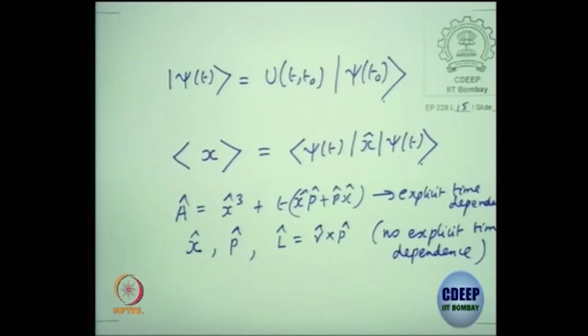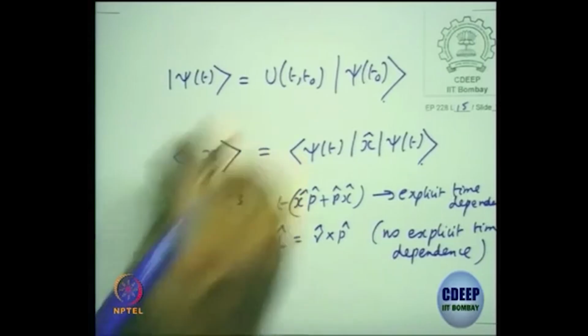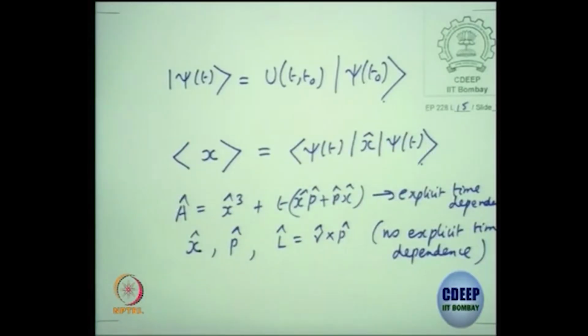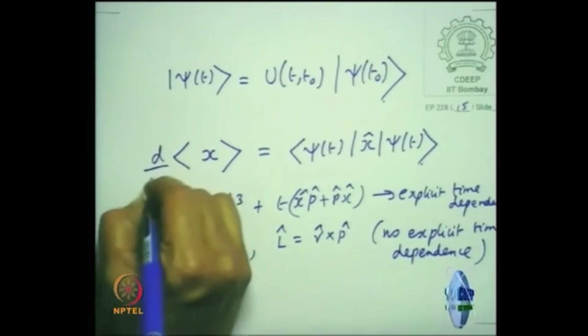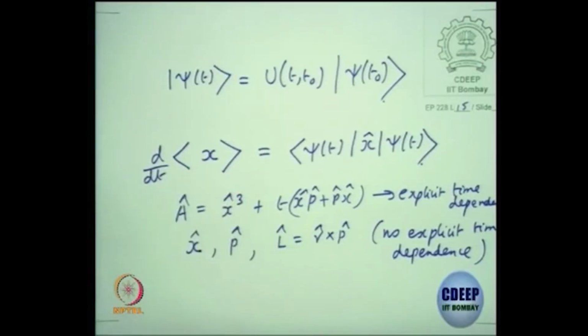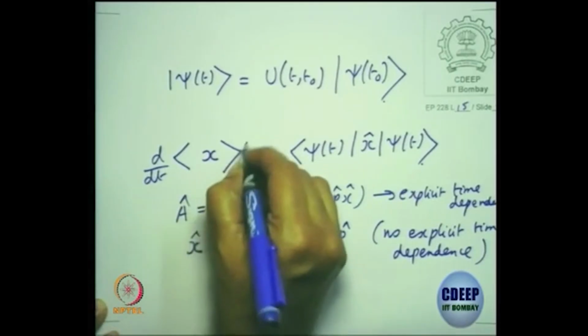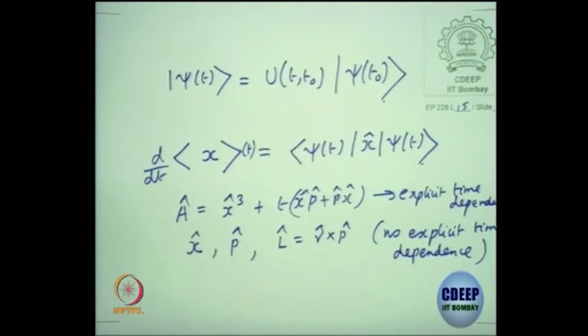Okay. But because the state vectors are evolving in time, you could do a time derivative of the expectation value of X, which in principle could be a function of time. Right? So those are the kinds of things which we do in the Schrodinger picture, where we look at these operators which are independent of time, there is no time dependence there.